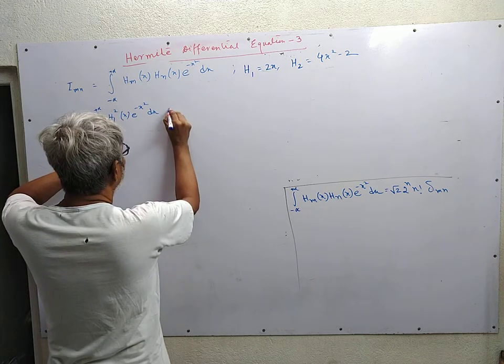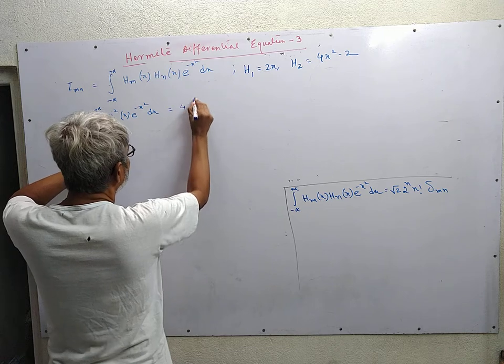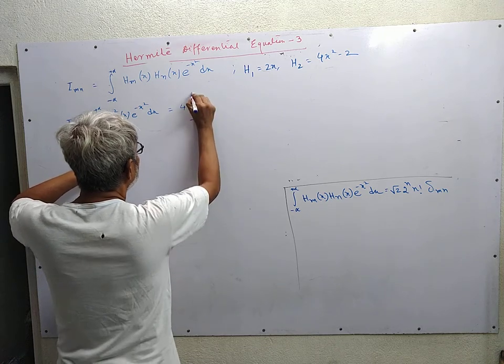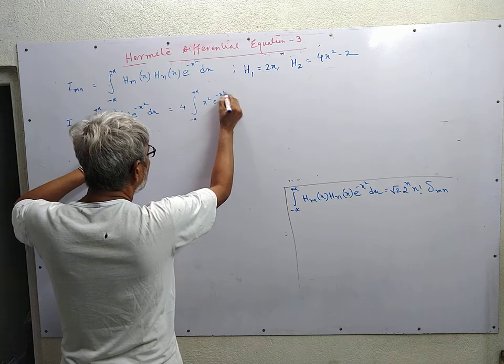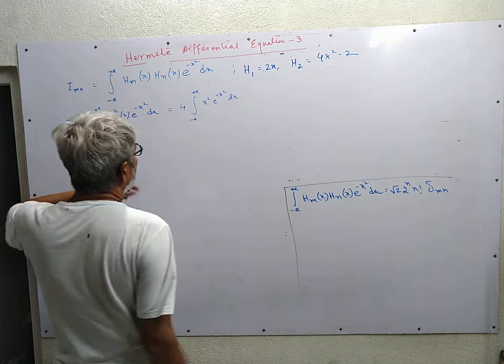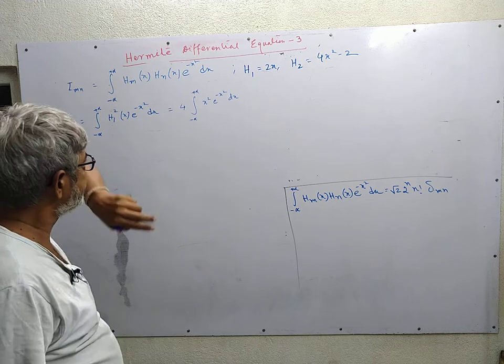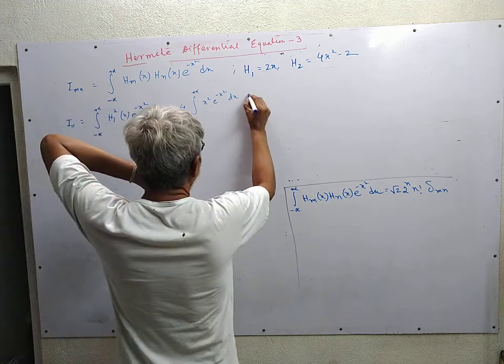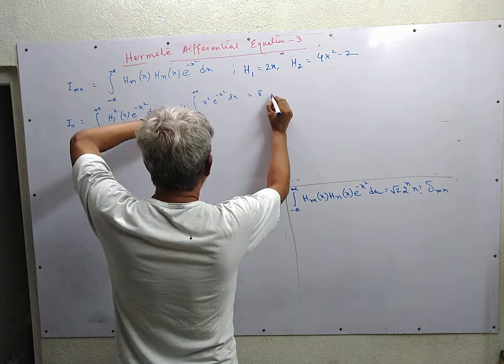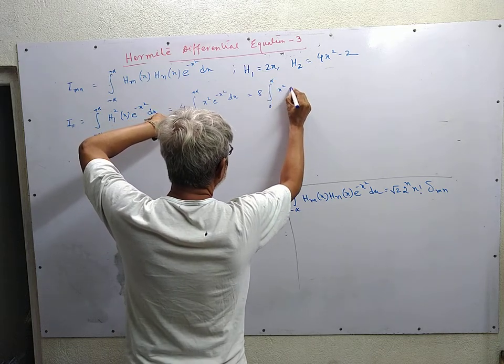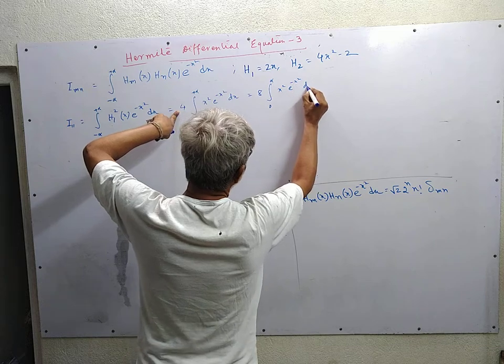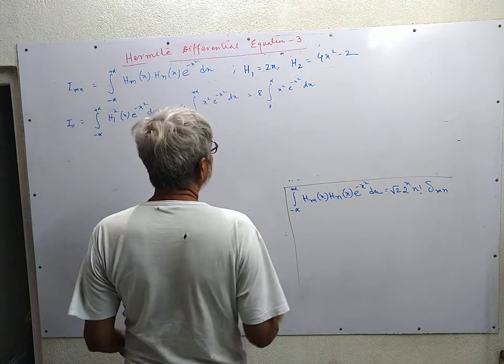So this is 4x square, and we can write it as 8 times the integral from 0 to infinity.